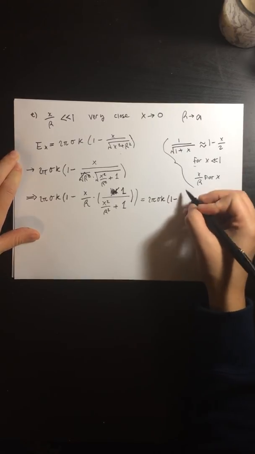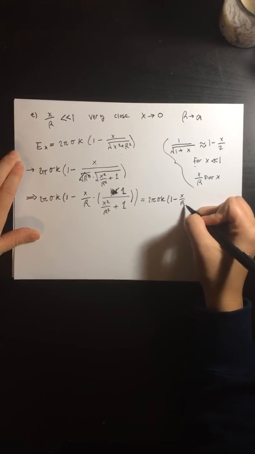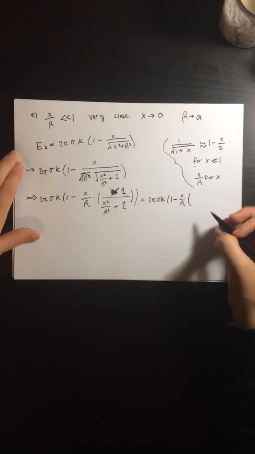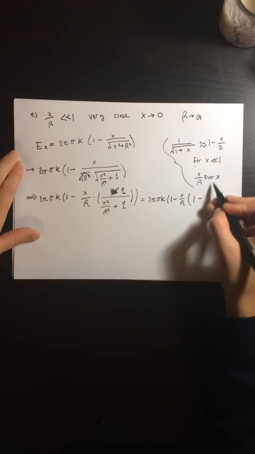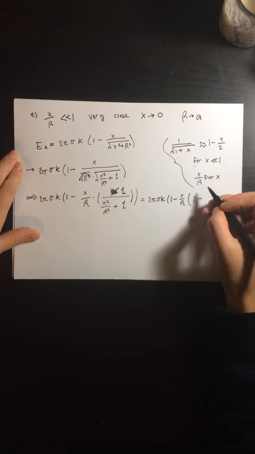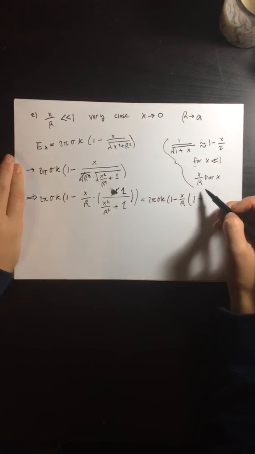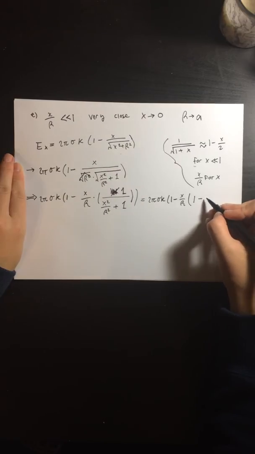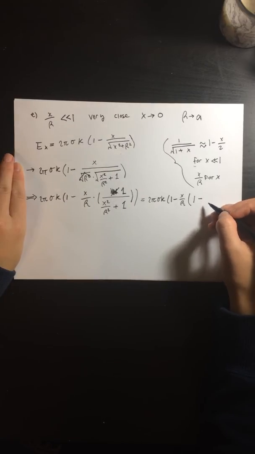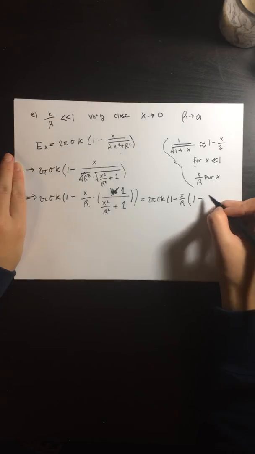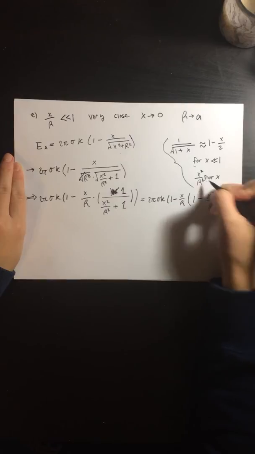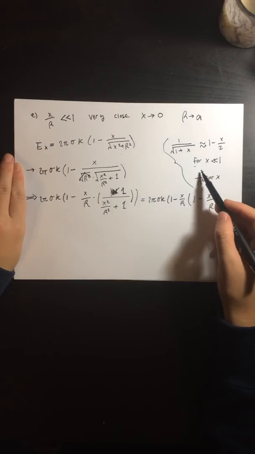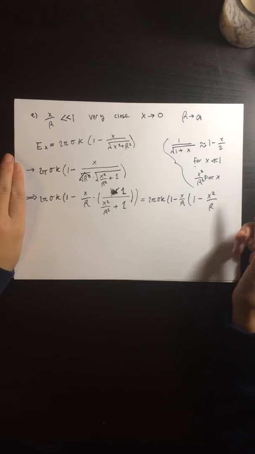So we have 1 minus x over r times 1 minus, and then our x is x squared over r squared. So it's going to be 1 minus x squared over r squared, divided by 2. Sorry, I think last time I wrote r over x, but really we're using x squared over r squared for that.